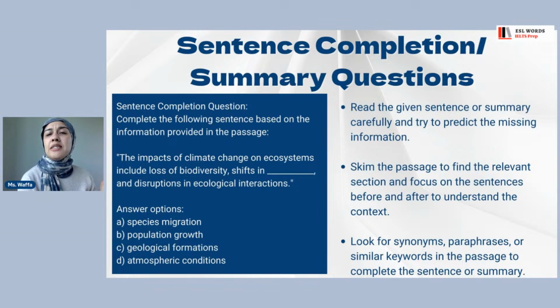Try to predict the missing information. Skim the passage to find the relevant section and focus on the sentences before and after to understand the context. Next is look for synonyms, paraphrases, or similar keywords in the passage to complete the sentence or summary.